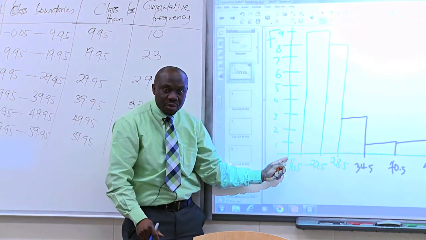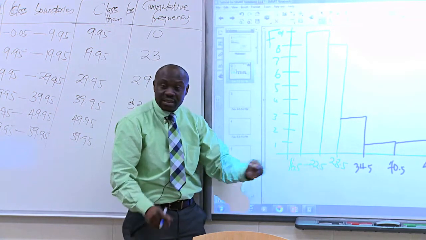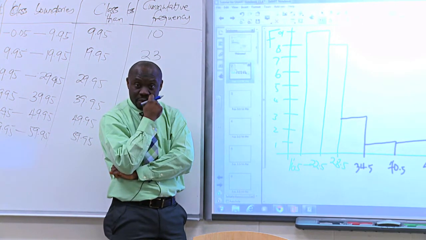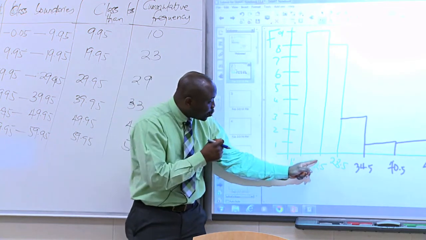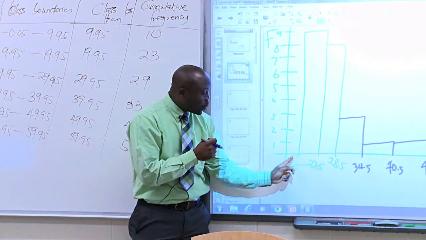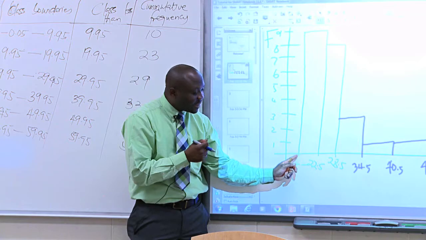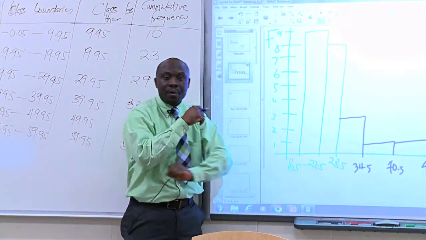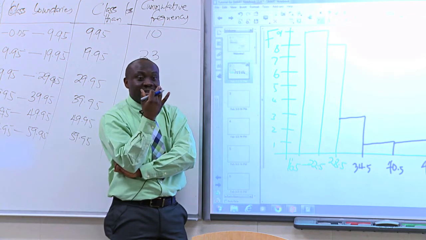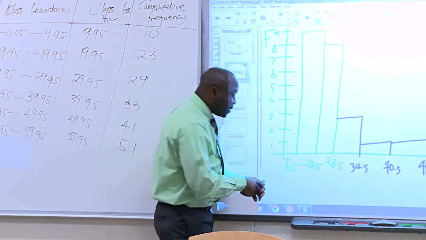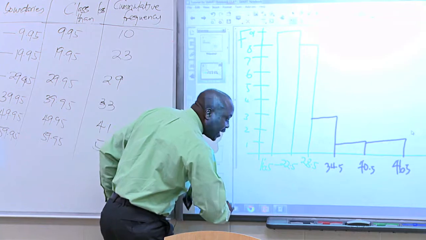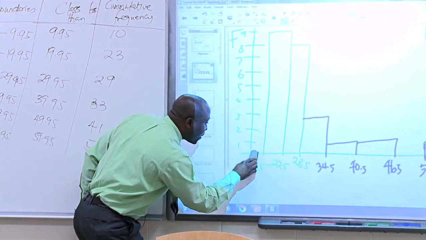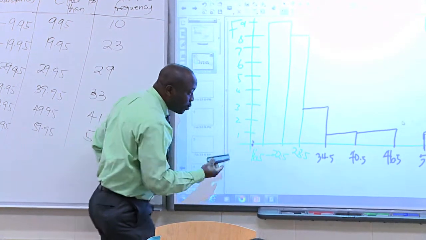We start from 0, and all of a sudden we jump to 16.5. And then to 22.5. So here the gap between this part and that is 16.5, and it changes to 6, 6, 6, 6. It's not uniform. So what statisticians usually use is this guy. Sometimes we break off.